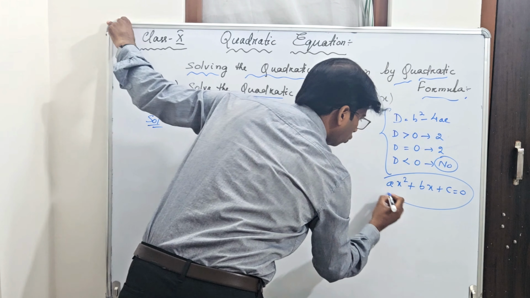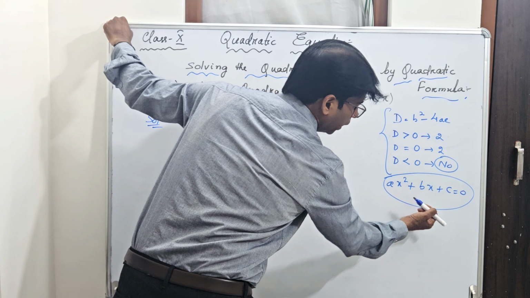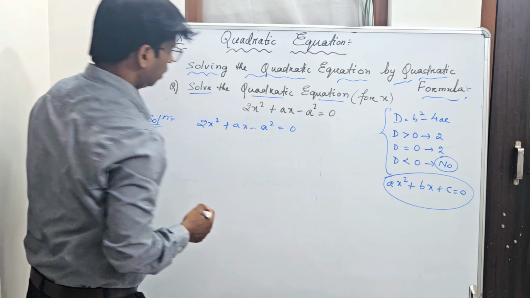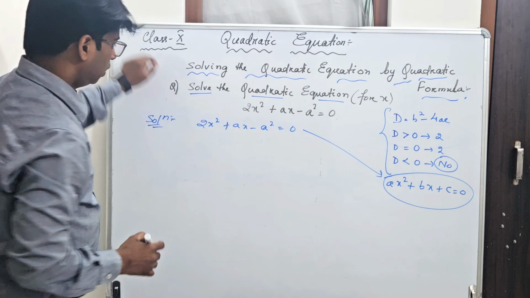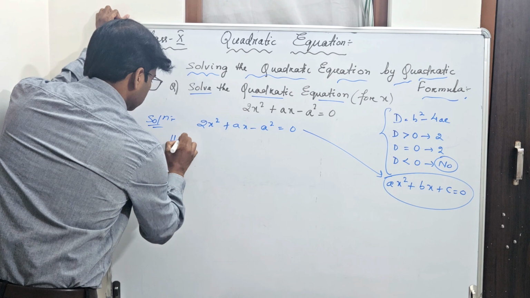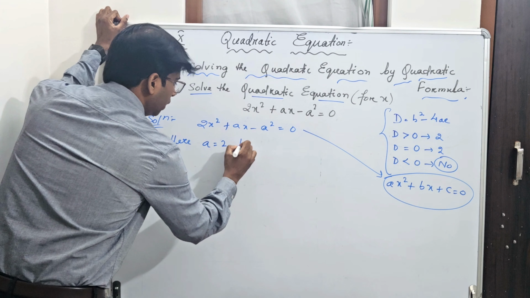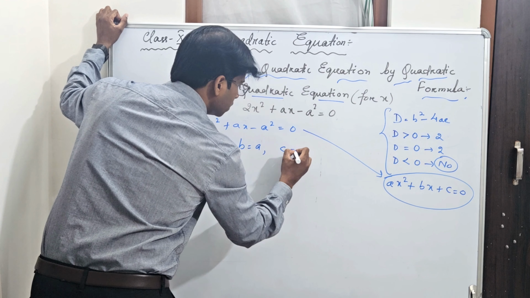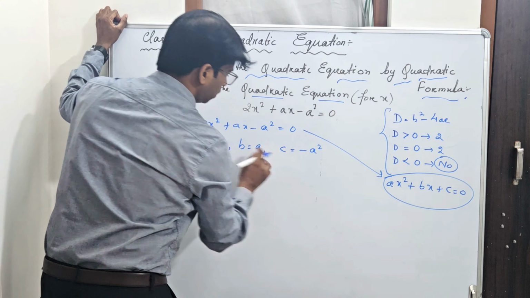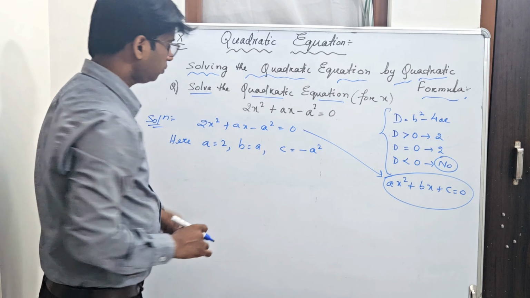Now compare the coefficients of x square, x, and the constant term with this equation. If you relate to this, then you can say here a is equal to 2, b is equal to a here, and c is equal to minus a square, because the sign has to be maintained. This one, minus a square.